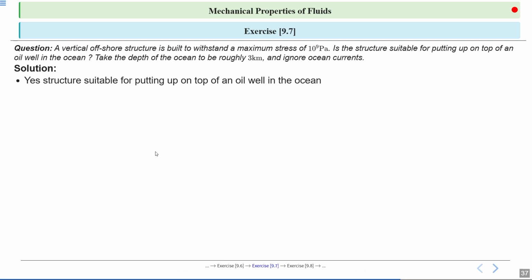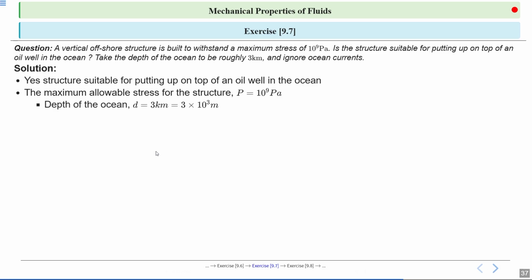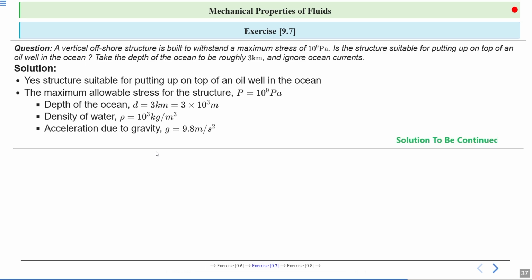So the answer is yes, the structure is suitable for putting up on the top of an oil well in the ocean. The maximum allowable stress for the structure is 10 raised to the power 9 Pascal. Depth of the ocean is 3 into 10 raised to the power 3 meter, and density of the water is 10 raised to the power 3 kilogram per meter cube. Acceleration due to gravity, 9.8 meter per second square. Alright.